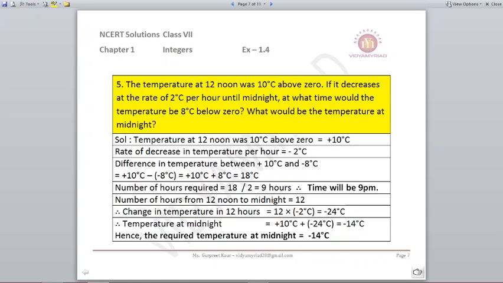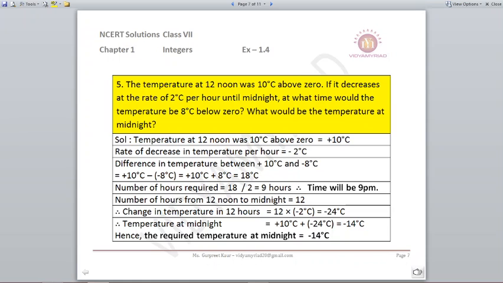The actual temperature at noon is 10. We need to reach minus 8. So the temperature change is 18 degrees Celsius. How many hours are required to reach that? 18 divided by 2, which is equal to 9 hours. Therefore, the time will be 9 p.m. when the temperature will be minus 8 degrees Celsius.